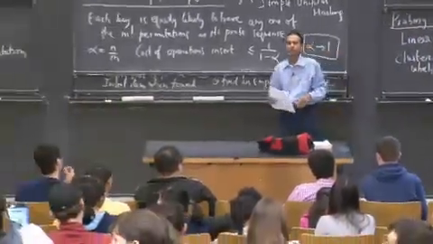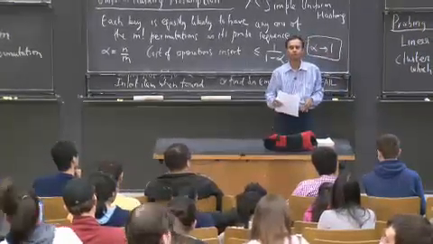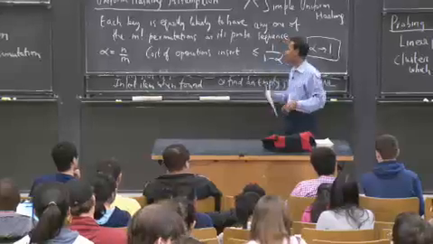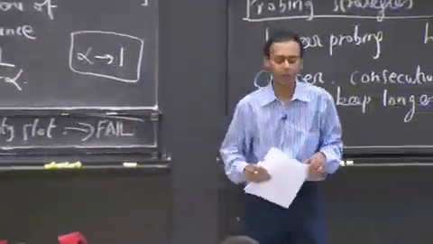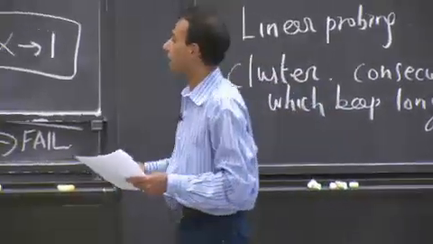So yeah, back there. Question. Yeah. Can you explain how you got the equation that the cost of operation insert is less than or equal to 1 over 1 minus alpha? Okay. So that's a longish proof, but let me explain to you how that comes out.